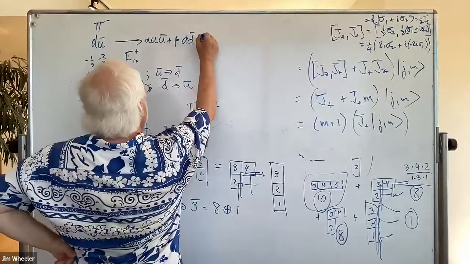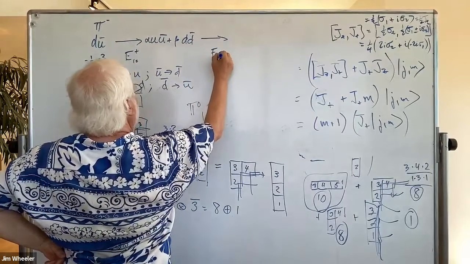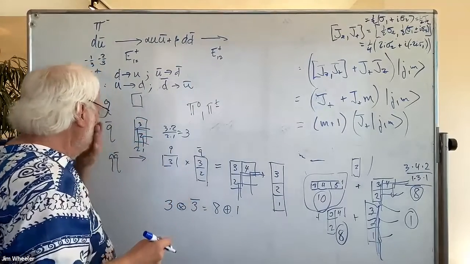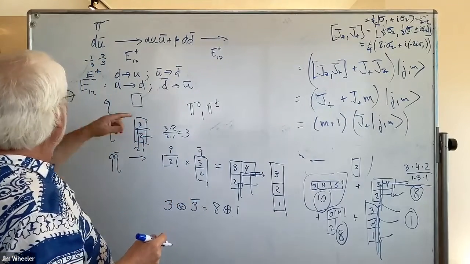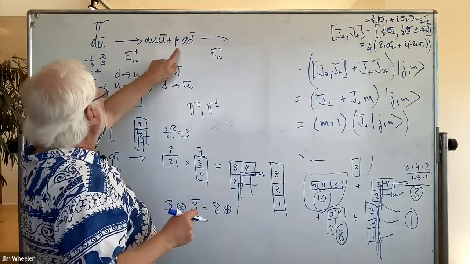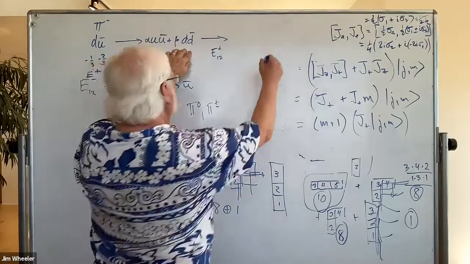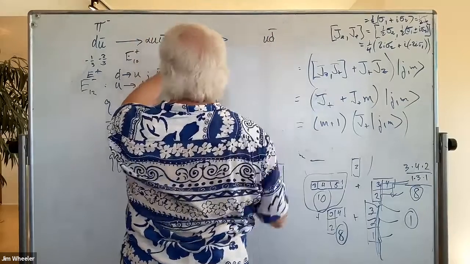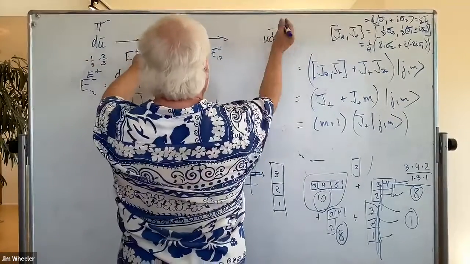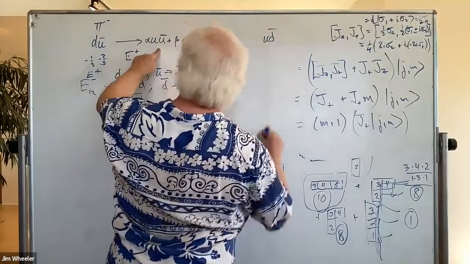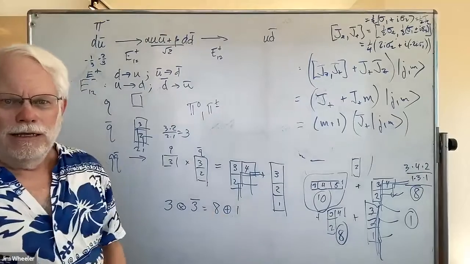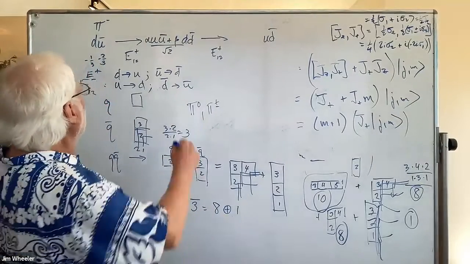Then we can apply E12 plus again, and it can do a couple of things. It can take this D to a U, so we could get a U D bar here. Or over here, it could take U bar to D bar, and we get another U D bar. This is going to need a √2 or something to normalize it. But these are our 3 pions.